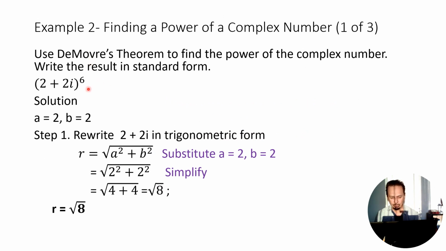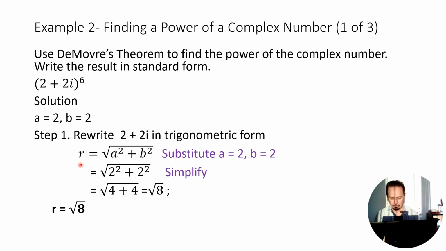Example 2. Use DeMoivre's theorem to find the power of the complex number. Write the result in standard form. 2 plus 2i to the power 6. Solution. a equals 2, b equals 2. Step 1. Rewrite 2 plus 2i in trigonometric form.